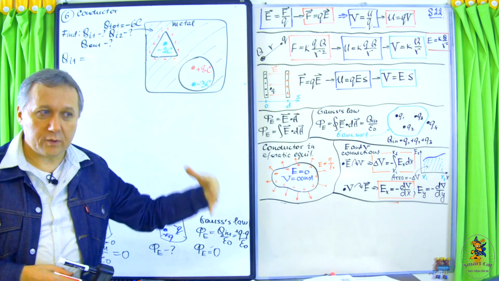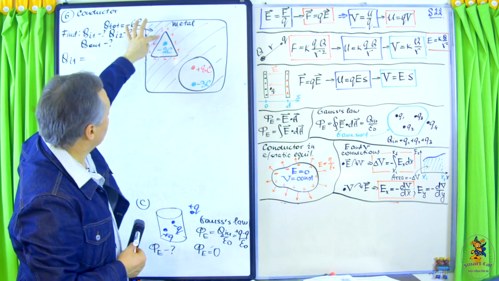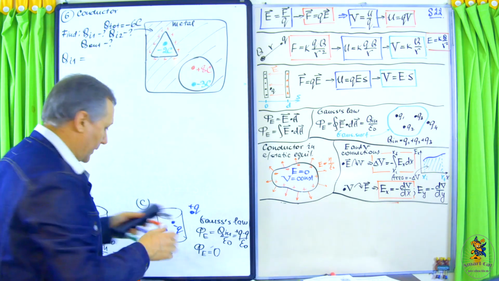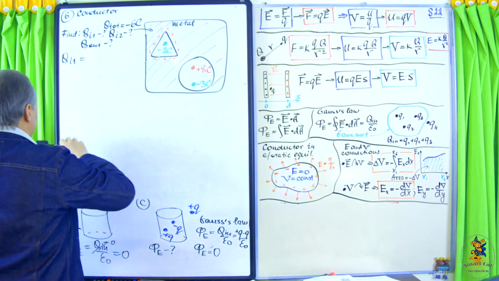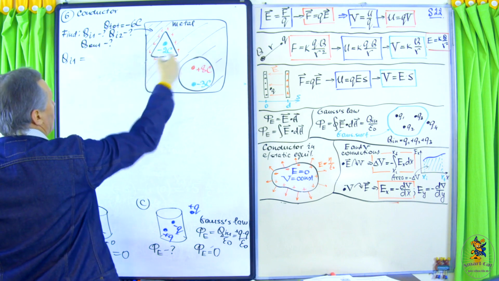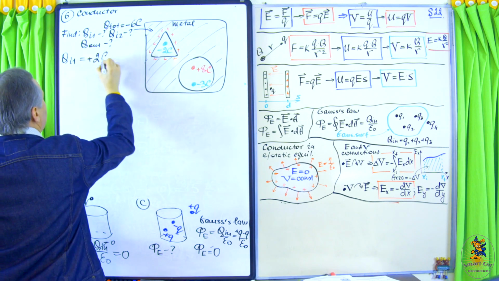If you want to prove it, you have to use Gauss's law like we did in the lecture. Pick a Gaussian surface just below the surface and apply Gauss's law. So we can write immediately, Q in on the first inner surface will be +2 coulombs.